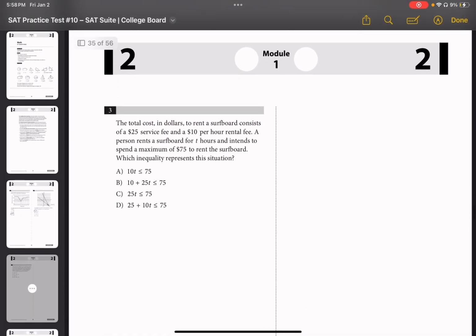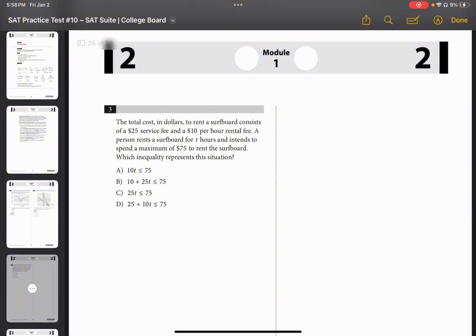Next problem, we have question 3. The total cost in dollars to rent a surfboard consists of a $25 service fee and a $10 per hour rental fee. A person rents a surfboard for t hours and intends to spend a maximum of $75 to rent the surfboard. Which inequality represents this situation? So 75 is the max, so all of these are correct, showing that the expression on the left will be less than 75.